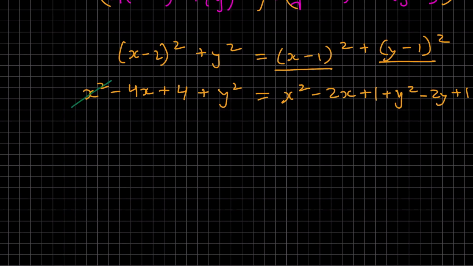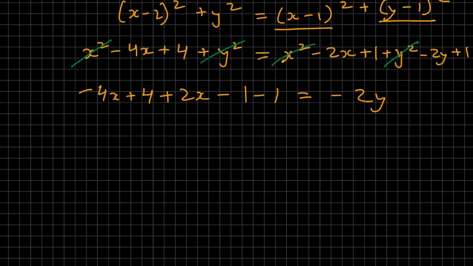So these two x squares can cancel out, these two y squared can cancel out, and we can begin to group our x terms on one side of the equation and our y terms on the other side of the equation. So over here we've got minus 4x plus 4 plus 2x minus 1 equals minus 2y.